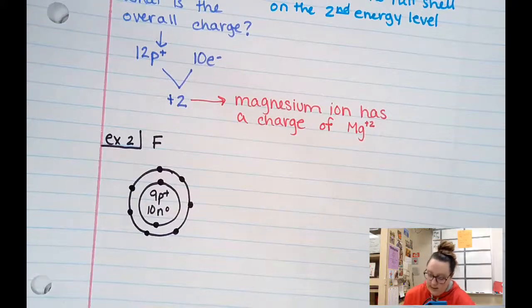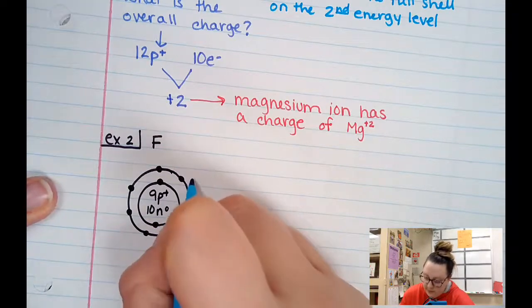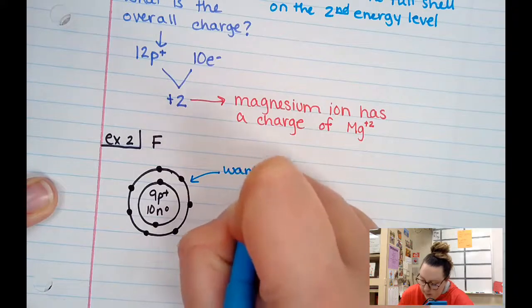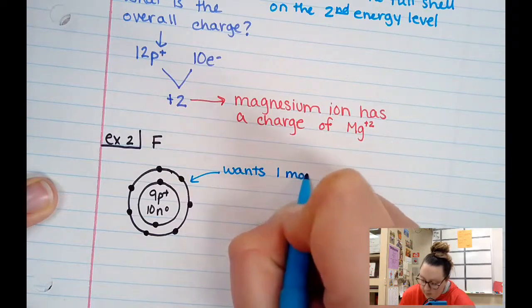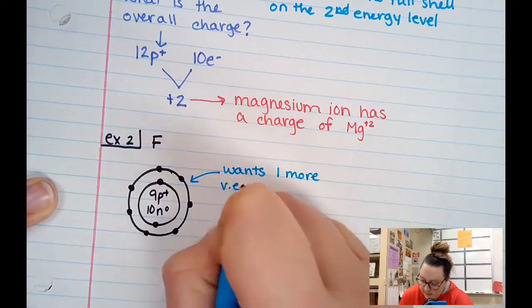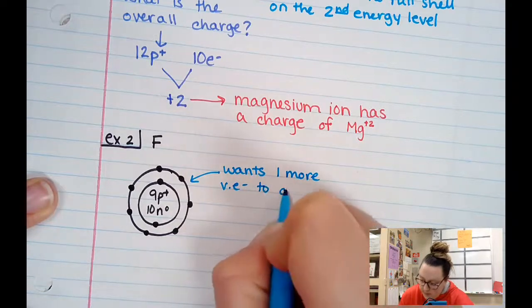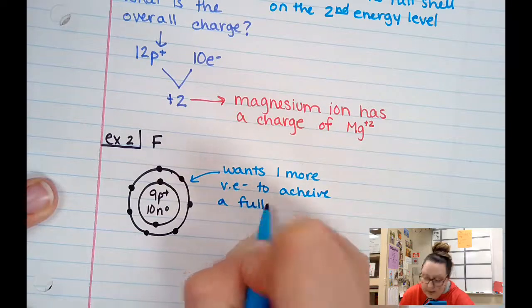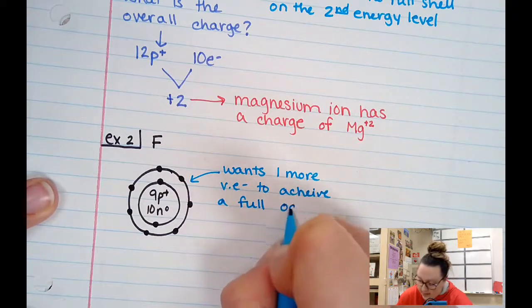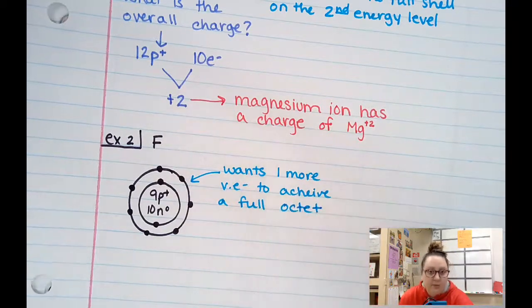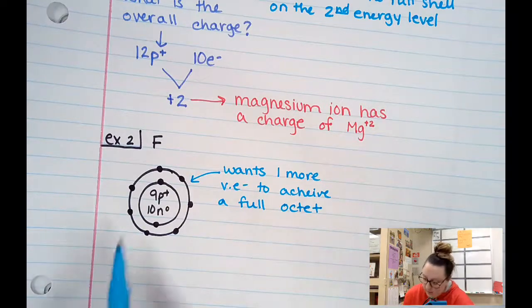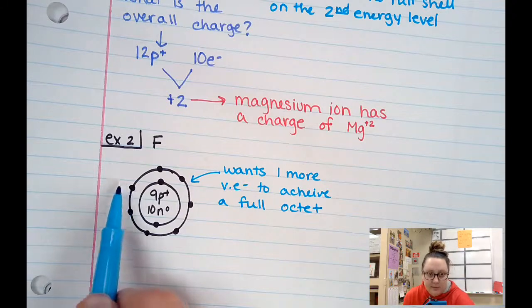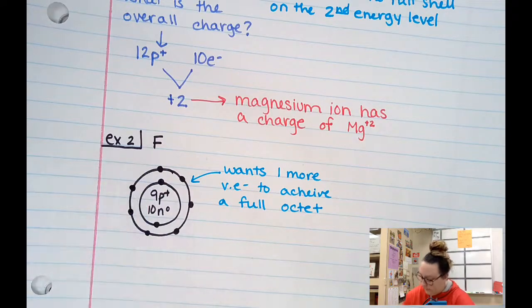So it almost has a full shell, but it wants one more valence electron to achieve a full outer shell, which we call octet. Oct meaning 8. 1, 2, 3, 4, 5, 6, 7. So if it gets one more, it would have 8.